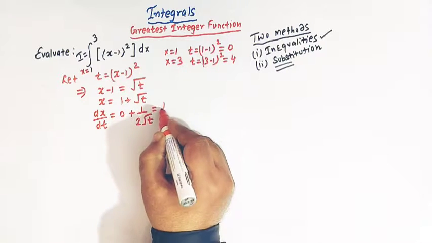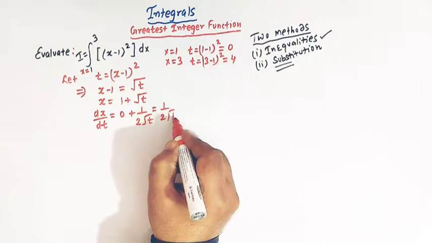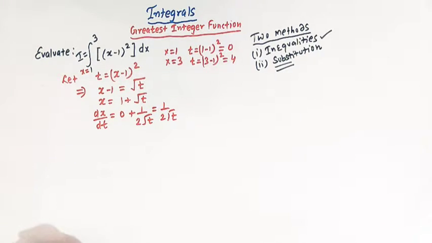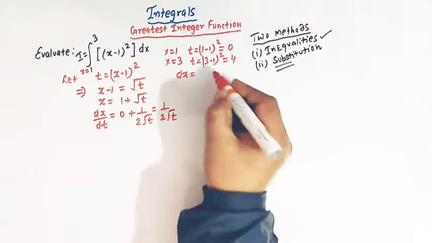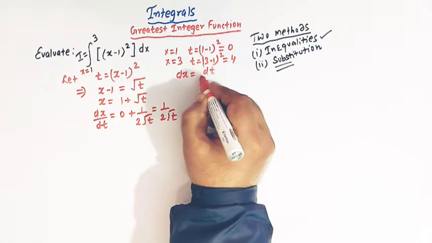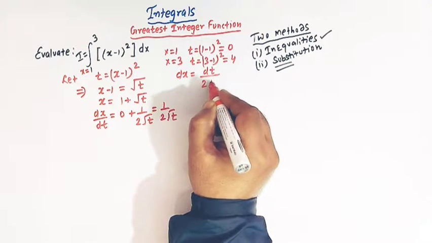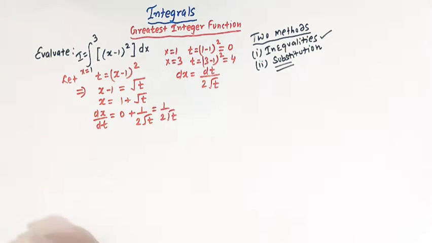So dx can be written as dt divided by 2 times square root of t.